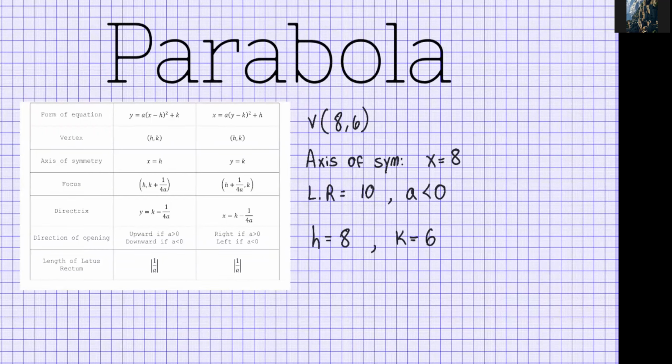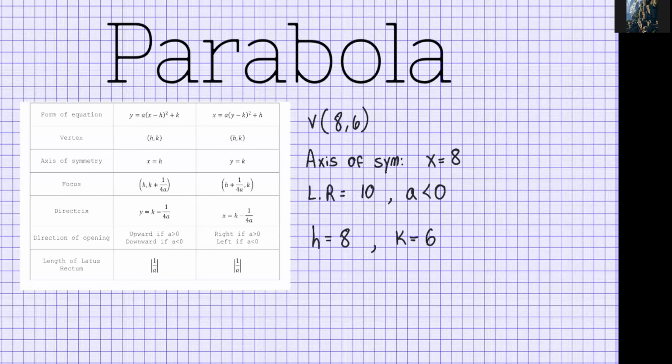If you remember, we said that the axis of symmetry for vertical parabolas will be a vertical line where x equals h. And if it's horizontal, the axis of symmetry will be horizontal as well, where y equals k. So we automatically know, because of this information, that we are dealing with a vertical parabola.